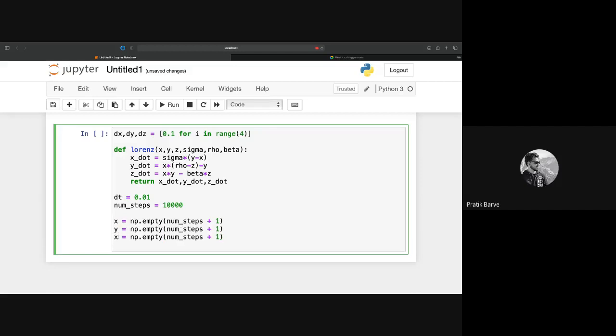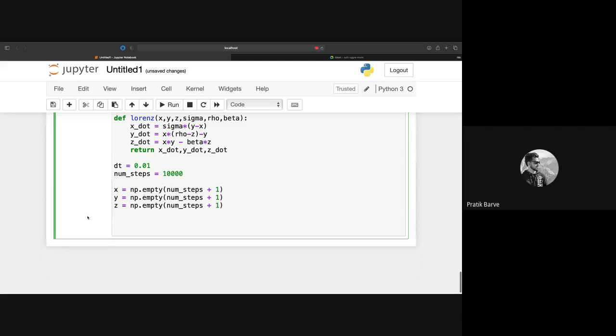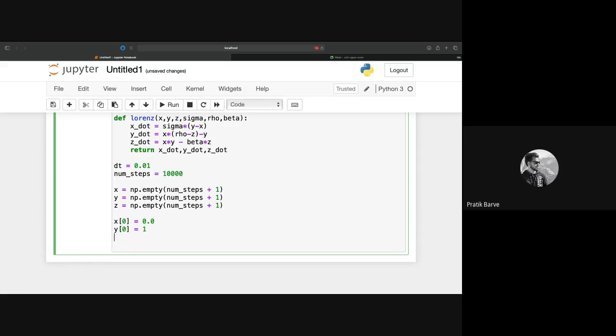We'll store our values in this. Now let's set our initial values. So x0 is 0, y0 is 1, and z0 is 1.5.